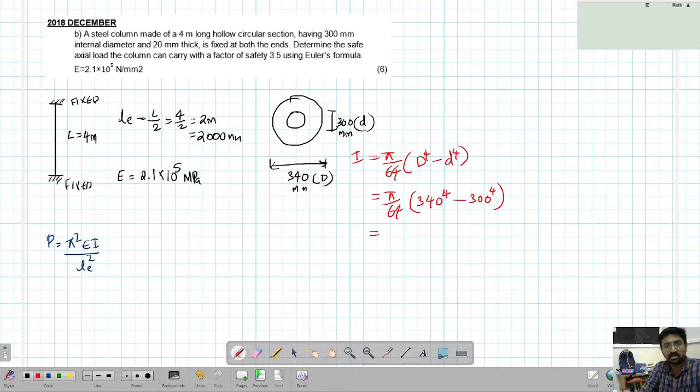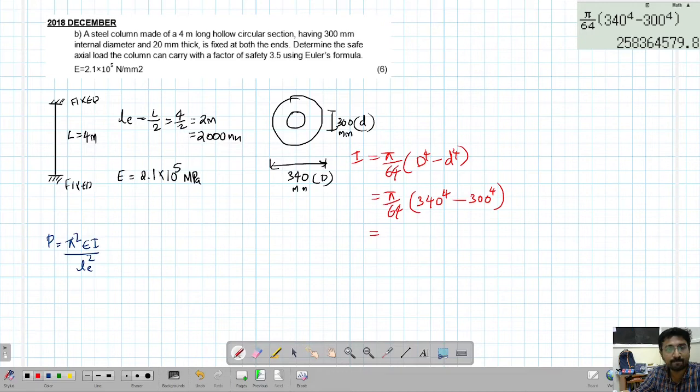If I quickly take out the calculator and calculate this, pi divided by 64 times 340 to the power 4 minus 300 to the power 4. Okay, so this is the value.